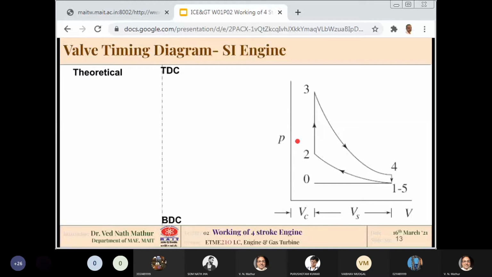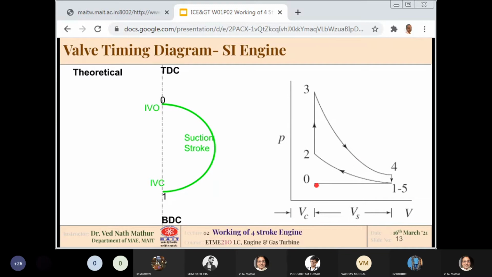Now what happens actually? Let us first draw a theoretical valve timing diagram, just to understand what a valve timing diagram means, and then I'll tell you how to draw the actual valve timing diagram. IVO stands for inlet valve open.